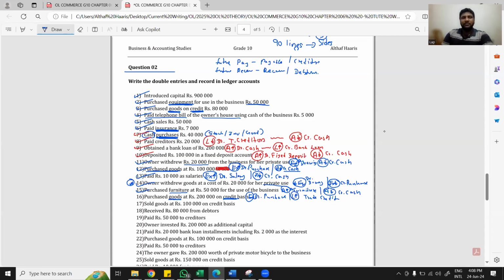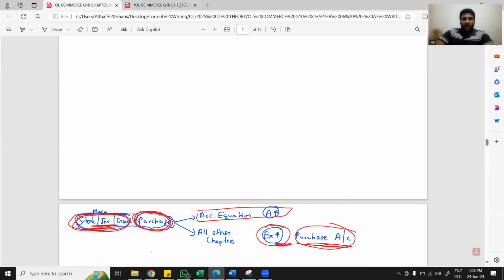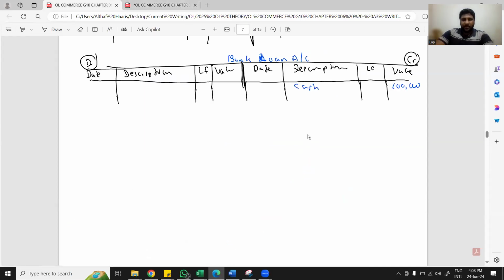Quickly check the paper. Liability increases is what record? Debit record or credit record? Liability increases is a credit record.